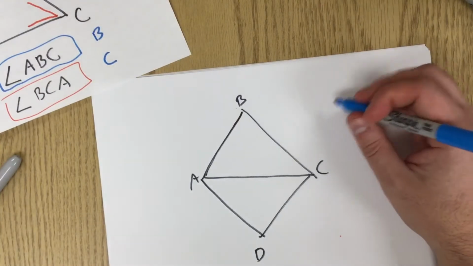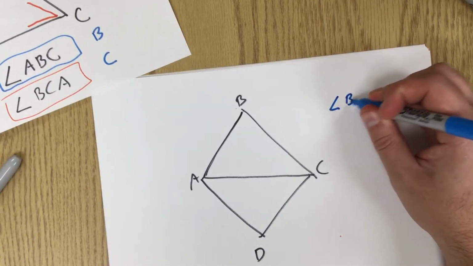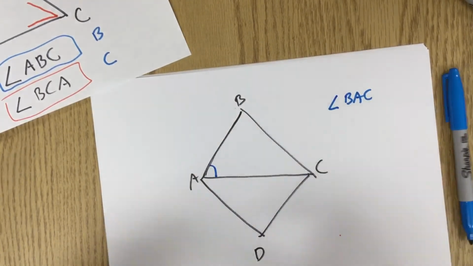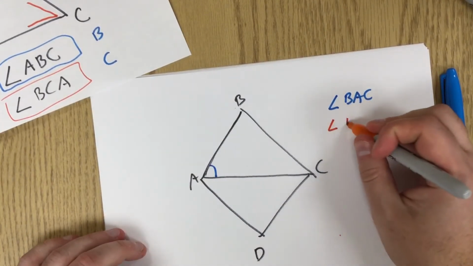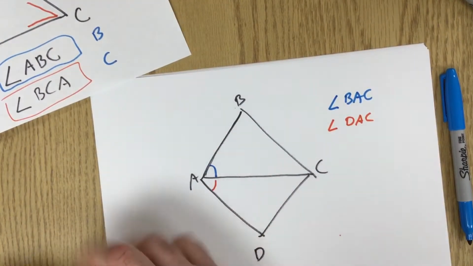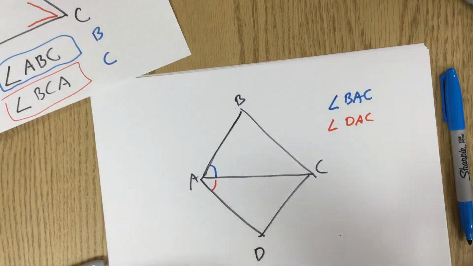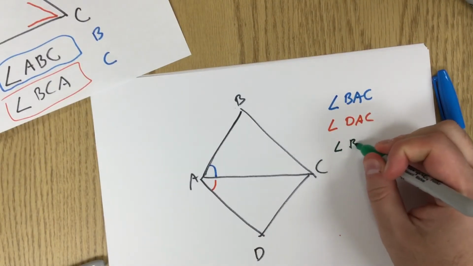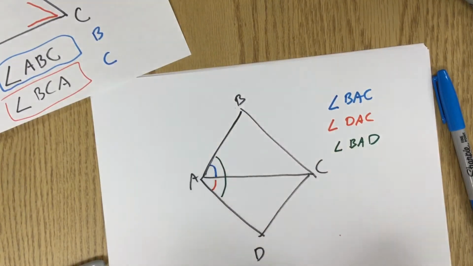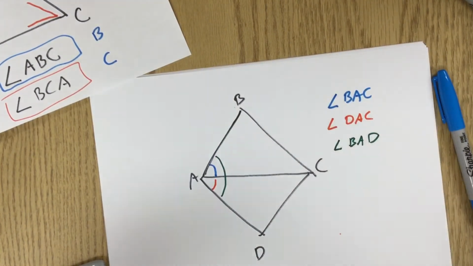We could have angle BAC, which would be this one. We could have angle DAC, which would be this one. Or we could have angle BAD, which would be the whole thing. So this way is a more complete way of describing angles, but sometimes doing the letters, if it's possible, is the faster way of doing it.